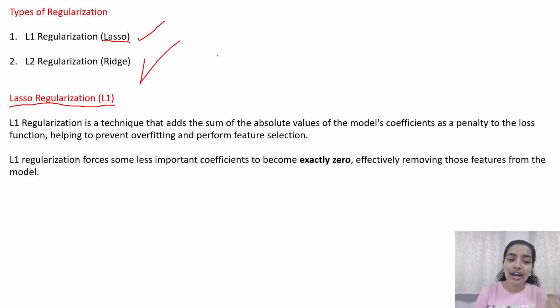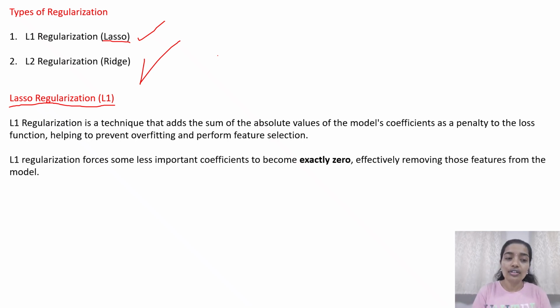So what Lasso regression tries to do is add a penalty to the loss function, on the coefficients of the model. So when we have that equation, it tries to add some value to the loss function so that it will be reduced.